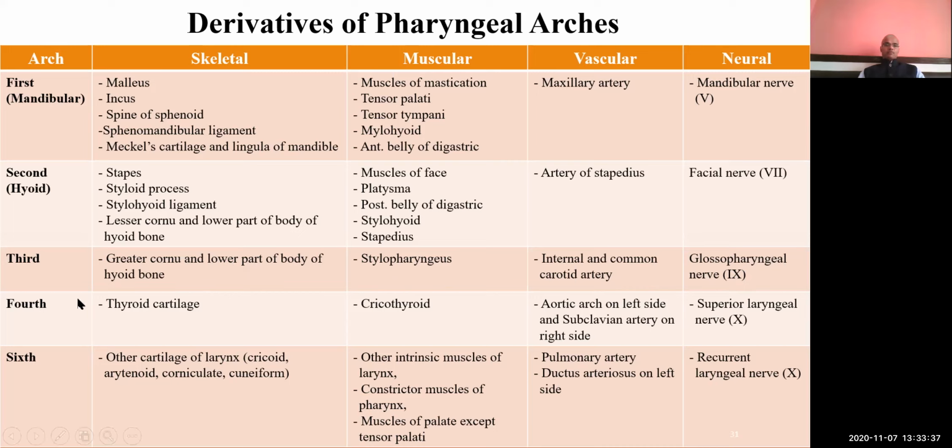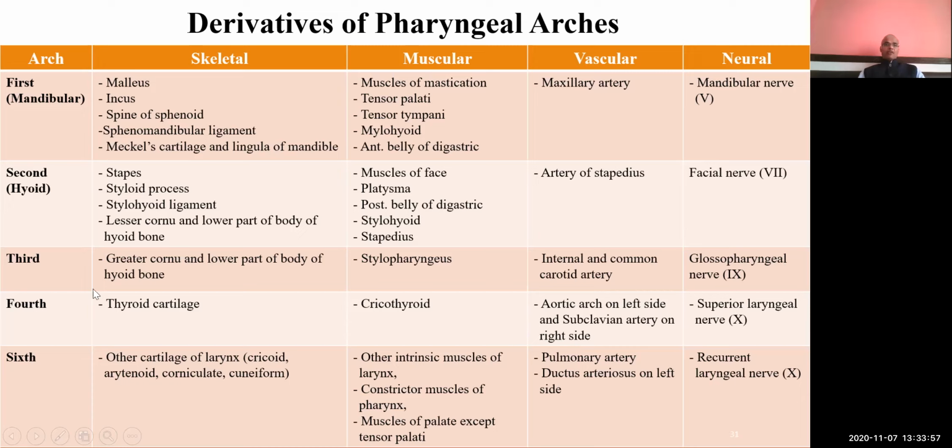The fourth pharyngeal arch gives the skeletal component, thyroid cartilage, and the muscle, cricothyroid. The vascular part is the aortic arch on the left side and the subclavian artery on the right side, and the nerve is the superior laryngeal nerve.